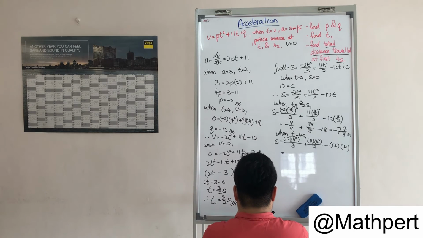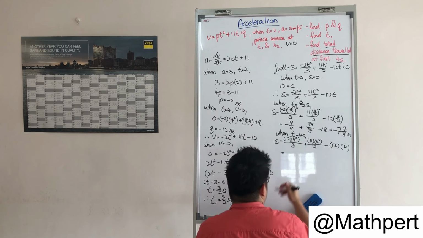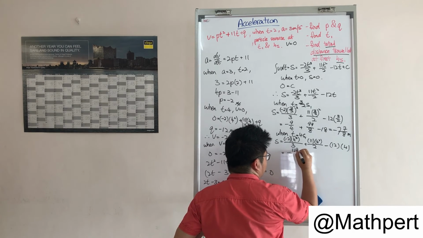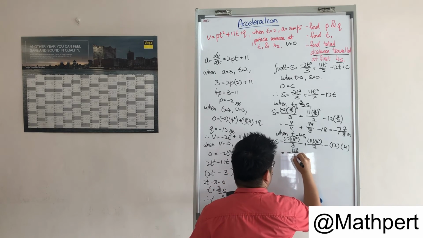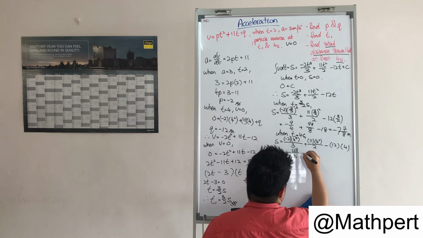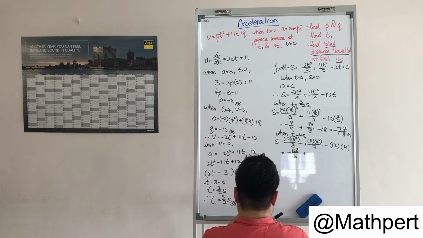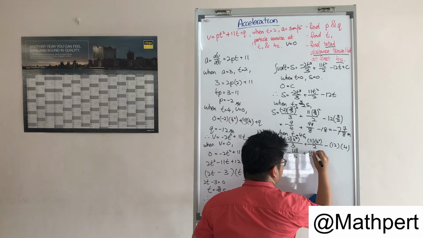So minus 2 multiply 4 cubed divided by 3, we get minus 128 over 3, plus 11 multiply 4 squared divided by 2, we get 88.